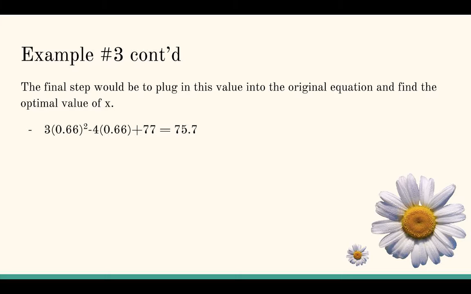For this particular problem, the answer would be 75.7, and that's how you would find an optimal value. Then we know that this point is a local maximum and its derivative is 0.